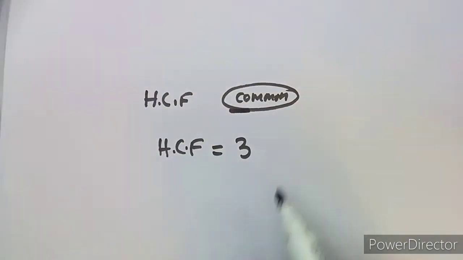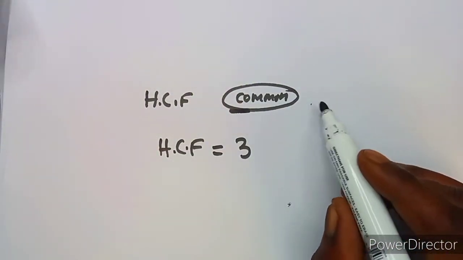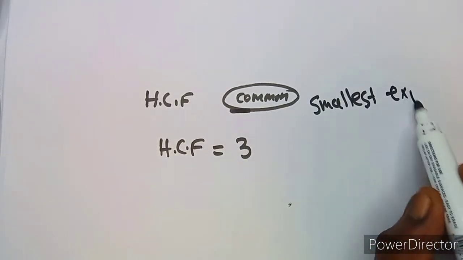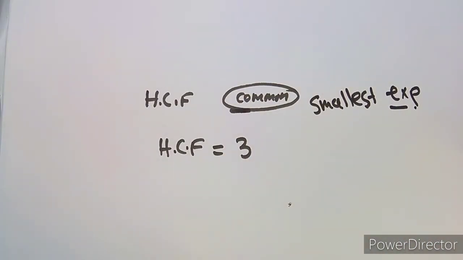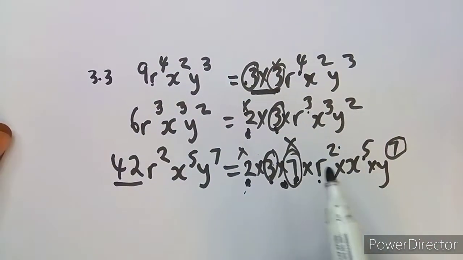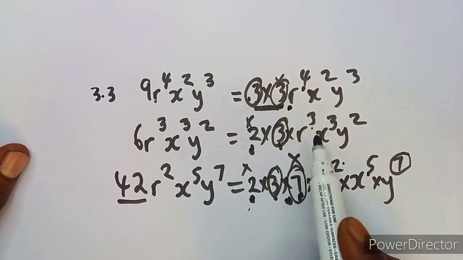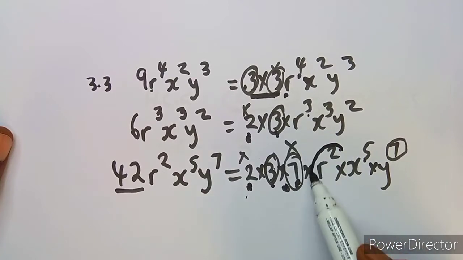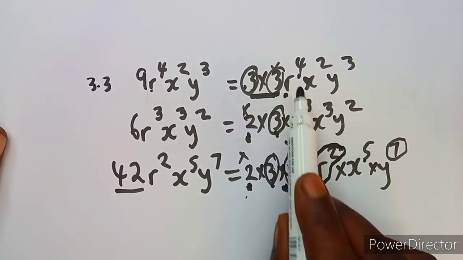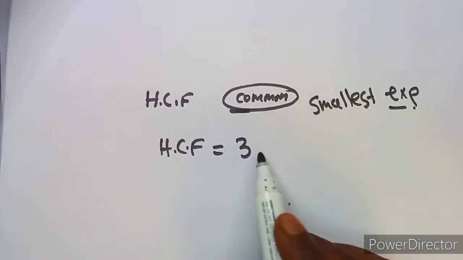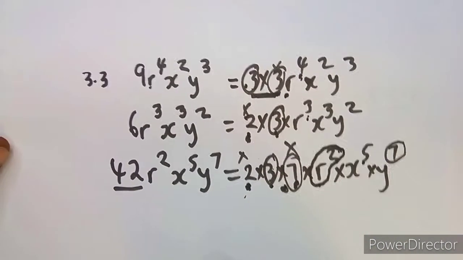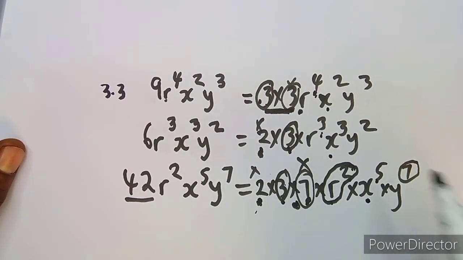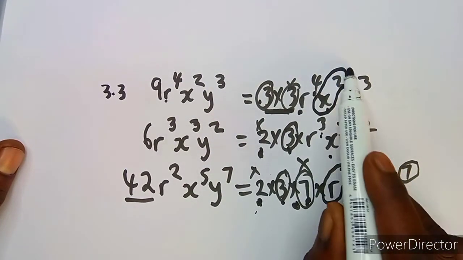So now when you are talking about exponents, you take the one with the smallest exponent. The term has to be common, but you take the one with the smallest exponent. Okay, so as we can see here, r is common, but which one is the smallest exponent? It is this one, r to the exponent of 2. As you can see, this is 3, this is 4, so you're going to take r to the exponent of 2. You move on to x. x is common. Yes, we've got x here, x here, x here, but which one is the smallest exponent? x to the exponent of 2.